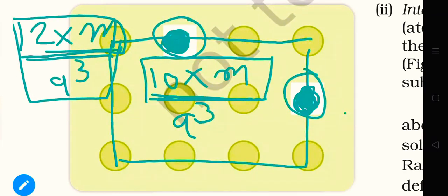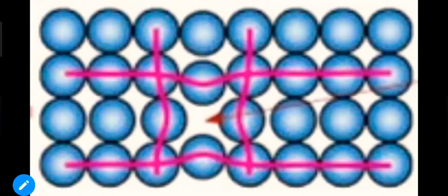As we can see, due to the vacancies mass decreases, and mass and density are directly proportional. So these types of defects decrease the density of the substance. Here we have an example of vacancy defect, how it is created and how it affects adjacent particles.